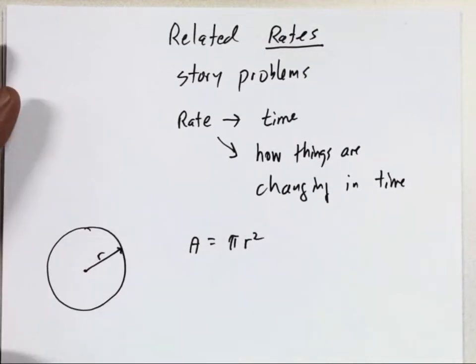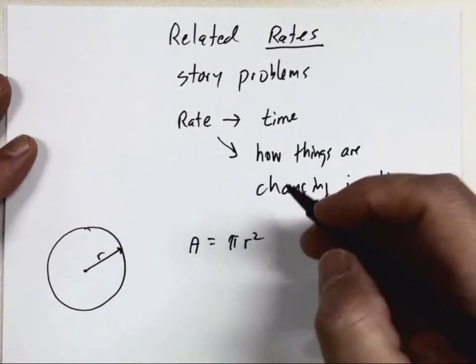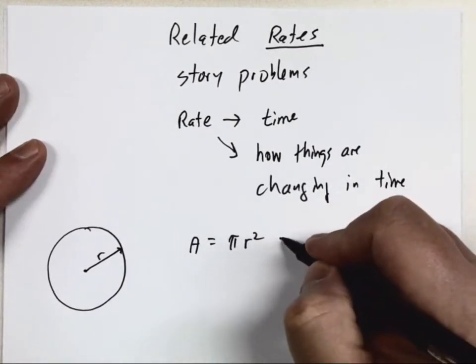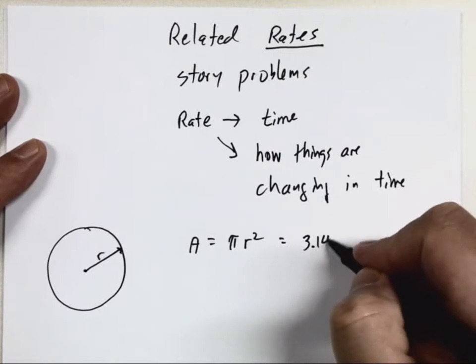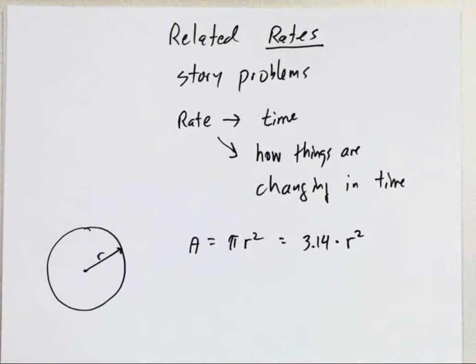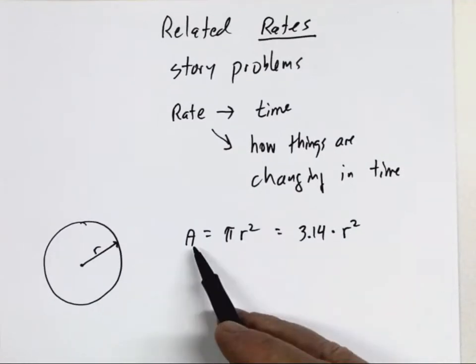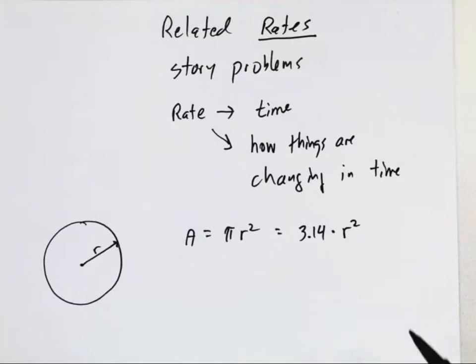Just to make sure no one's confused about this, because we're going to talk about variables, I'm going to say the area is 3.14 times r squared. So it looks like we have two variables here. The variable A, which stands for the area, and the variable r, which stands for the radius of the circle.